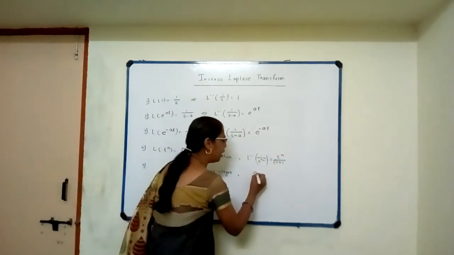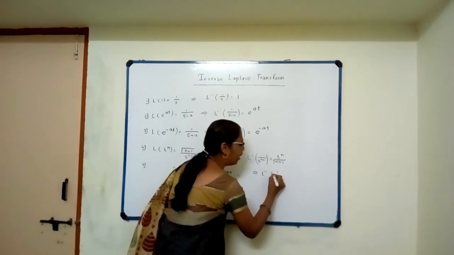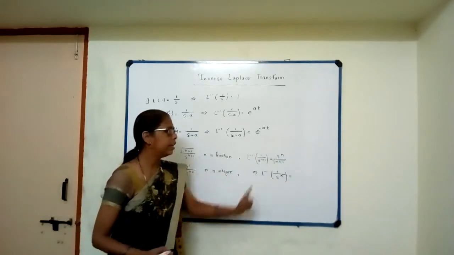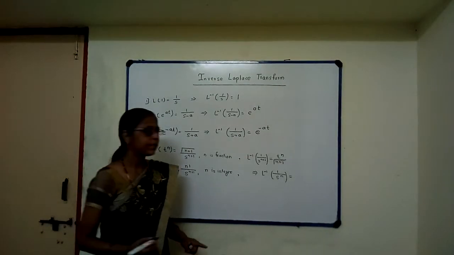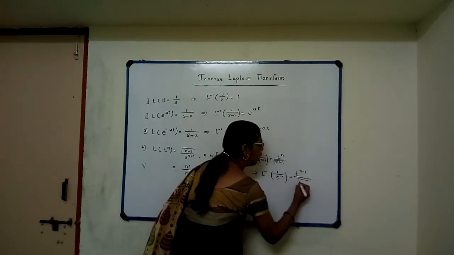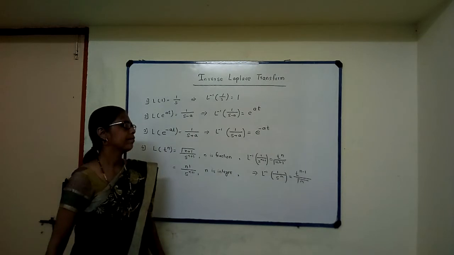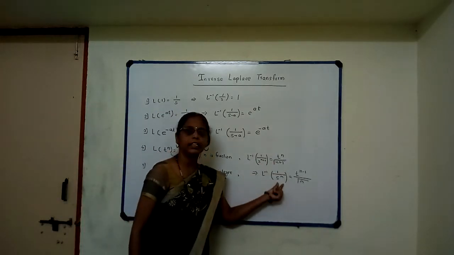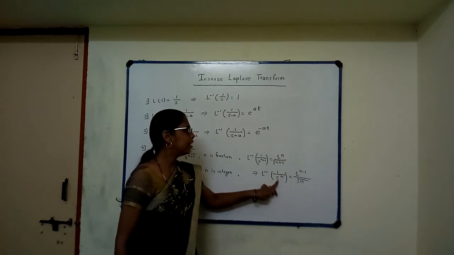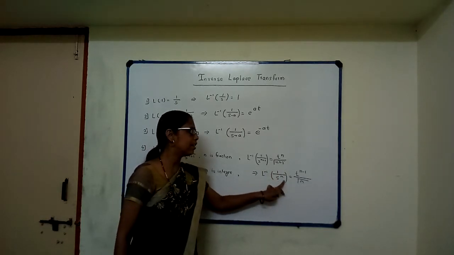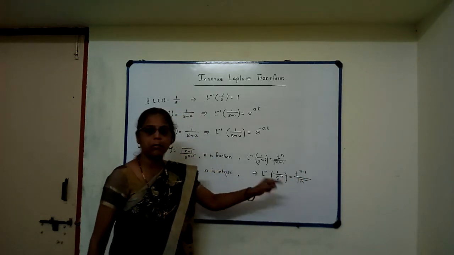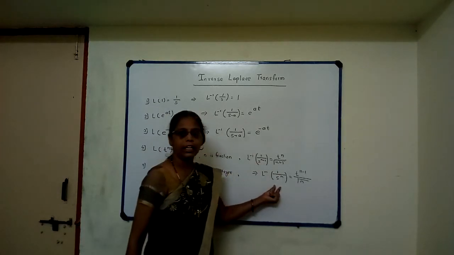So this formula can be written as Laplace inverse of 1 upon s raised to n is equal to, n plus 1 च्या ऐवजी n घेतलेला आहे, it is equal to t raised to n minus 1 upon gamma n. फॉर्म्युला रिड्यूस करताना सोपं जावं म्हणून आपण हे कन्वर्जन केलेलं आहे.